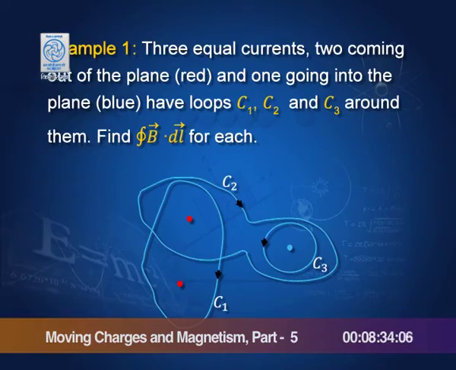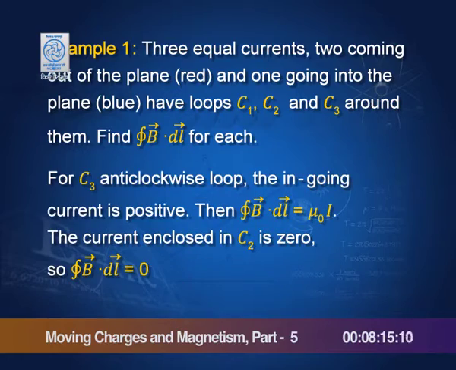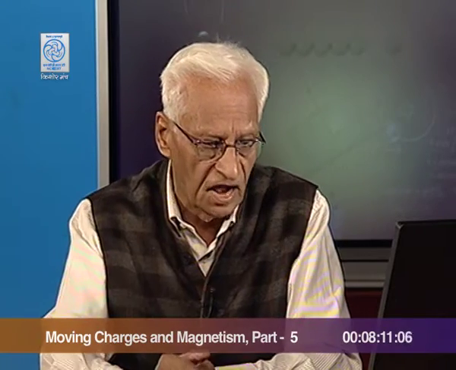I have 3 currents, this blue one and 2 red ones. The red ones are coming out of the plane and the blue one is going into the plane, and I have got 3 loops here, C1, C2, C3. So, let us take the first, C3. C3 is anti-clockwise, and therefore, the current going into the plane is a positive current.